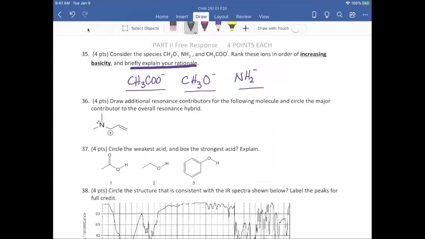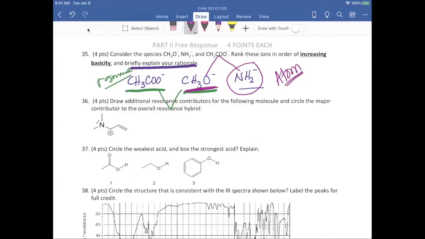The reason that this is the weakest compared to this is that this one has resonance. So the conjugate base is stabilized by resonance, which makes it a weaker base. And then if we talk about why these two are different, this one is going to be a stronger base compared to this one, and we can say that that is because of the atom.